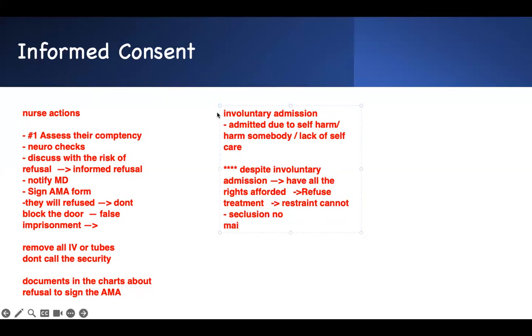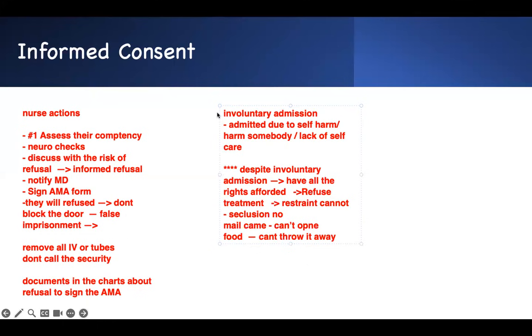If they have mail coming, you can't open it. If they have food from somewhere, you can't throw it away because you worry there may be some drugs in it. Give them all the necessary information that they need. You still treat them like a normal person.